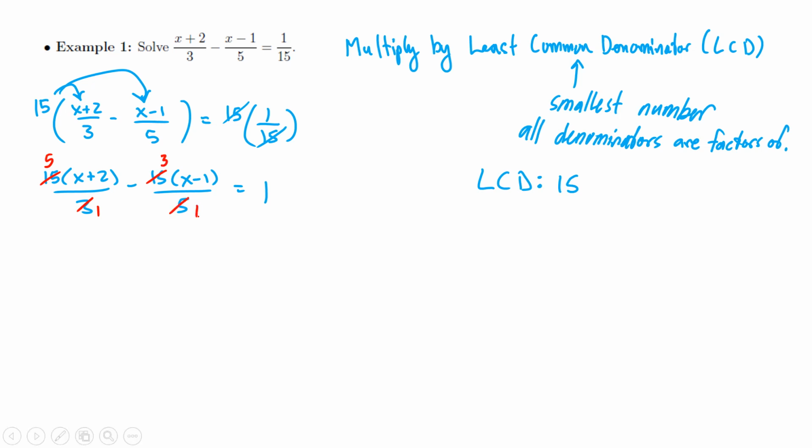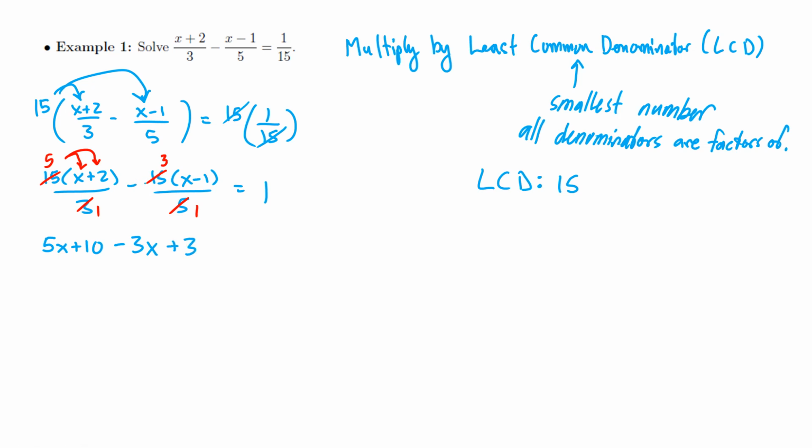And then of course we want to do some distributing. So we end up with 5x plus 10. And then just be careful here. This is a minus 3, right? So make sure you distribute minus 3 to both of those. So you get minus 3x, and then a negative 3 times a negative 1 is a positive 3.